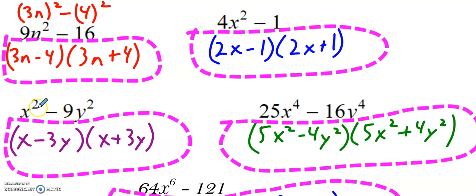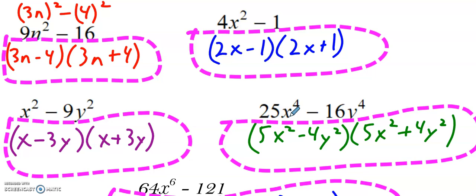Here, this one's maybe a little more tricky because we have two variables, but again, they're still both perfect squares, so it doesn't change what we do. We just have to recognize the pattern. So x squared minus 9y squared is going to be x minus 3y and x plus 3y. Here, again, trying to step it up a little bit. Notice that this isn't x squared and this isn't y squared, but x to the fourth is still a perfect square.